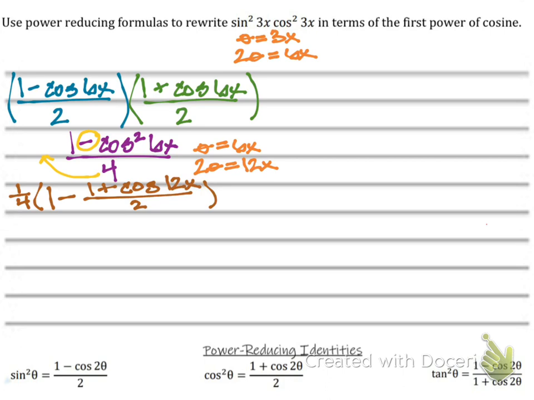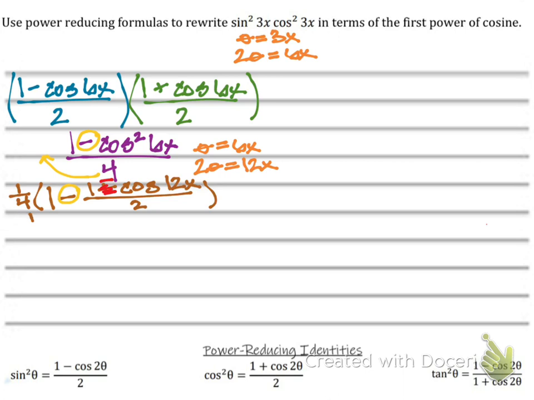So what I want you to realize is this negative, if I were to distribute it, I would have the -1 minus cosine 12x, right? I have to distribute that. So when we see it, we just need to remember that this changes to a negative. So then I can multiply back in.